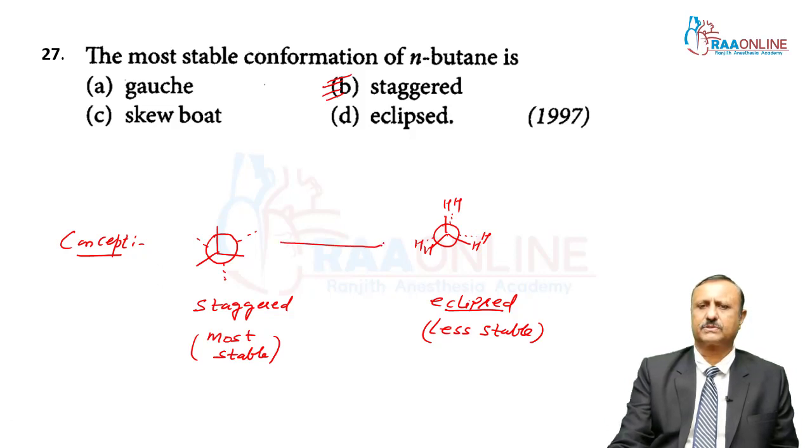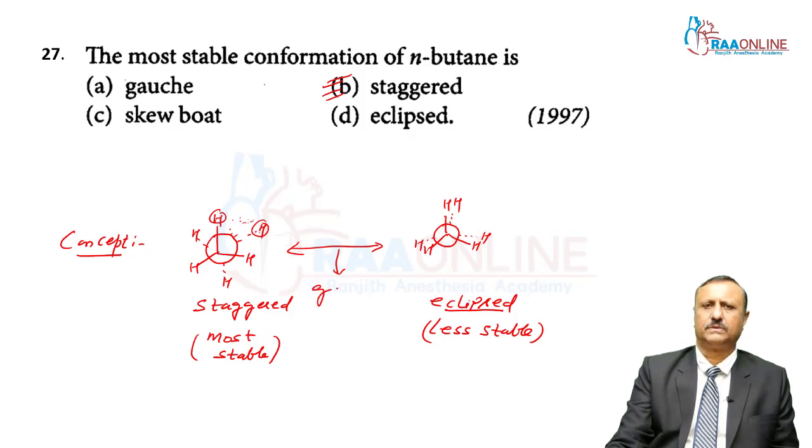Between these two forms, my dear students, hydrogen and hydrogen come close to each other, and you can get different types of forms, and these forms are called gauche.